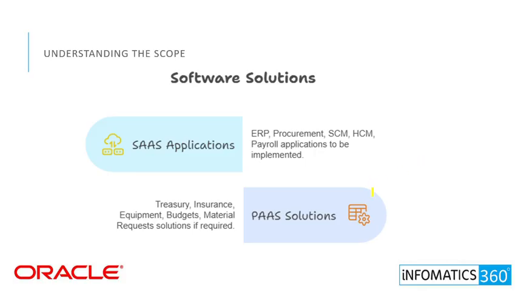If needed we also provide PaaS solutions like treasury, insurance, equipment, budgets, materials, and so on. Majorly we recommend SaaS applications, so keep in mind that we always propose SaaS applications, right? This helps everyone know exactly what is in scope for the project.